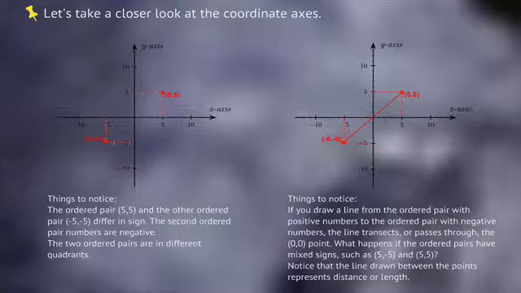If you draw a line from the ordered pair with positive numbers to the ordered pair with negative numbers, the line transects or passes through the 0, 0 point. What happens if the ordered pairs have mixed signs such as 5, -5 and 5, 5? Notice that the line drawn between the points represents distance or length.